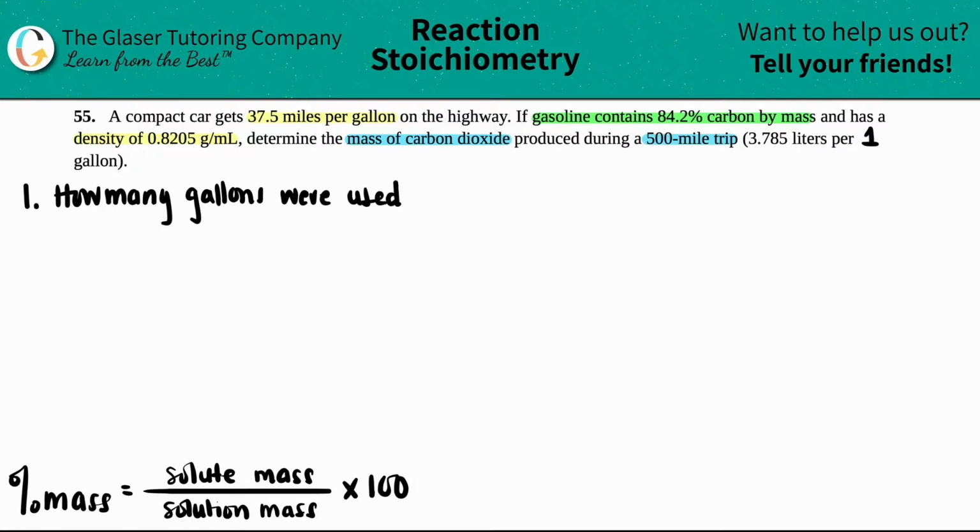So to answer this question, we're going to take the 500 miles that they drove, and we're going to talk about it being 37.5 miles per gallon. So it was a 500-mile trip, so I'm going to put 500 miles here. Now, I don't want the unit miles. I want to convert it into gallons.